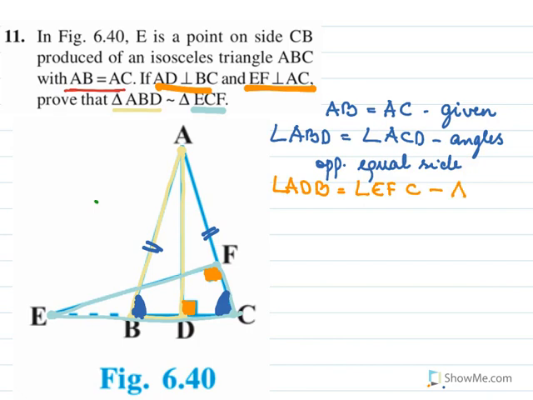So we write that the reason is AD perpendicular to BC and EF perpendicular to AC. So here two angles of one are equal to the two angles of the other, so the triangles must be similar. So we have first taken this triangle, which is ABD, and then we have this triangle, that is ECF.